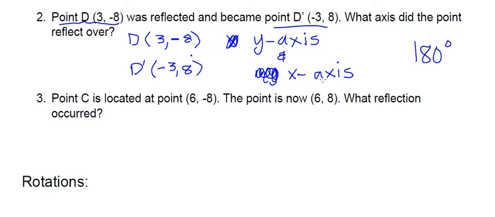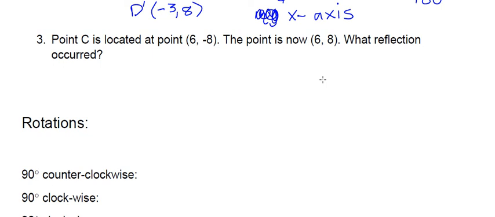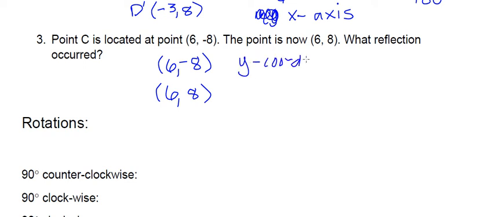All right, so let's look at C here, and it tells us that C is located at 6, -8. Then it says the point is now located at 6, 8, and it wants to know what reflection occurred. Well, the x coordinate stayed exactly the same, but the y coordinate changes.